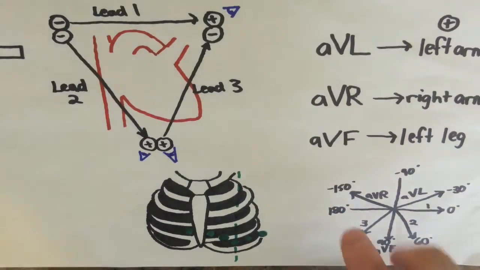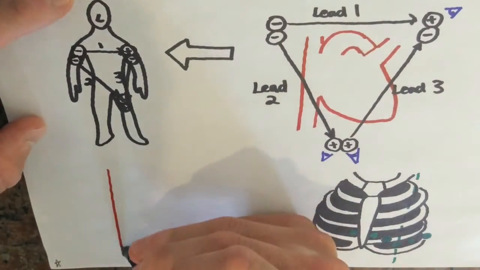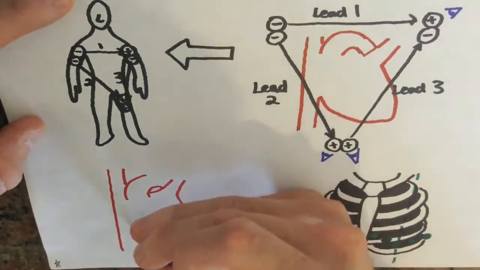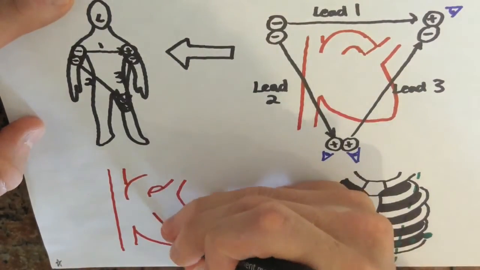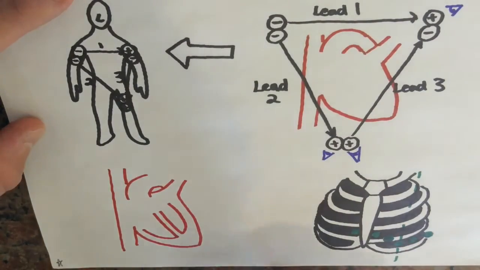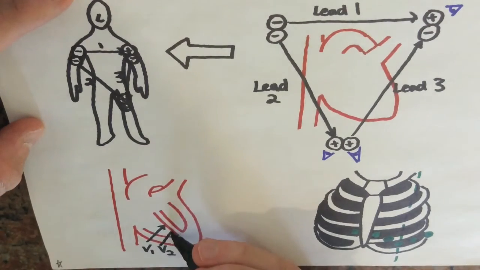So what exactly are these electrodes looking at? Well, here is your heart. The right ventricle and left ventricle divided by the interventricular septum. V1 and 2 evaluate the activity in that interventricular septum.